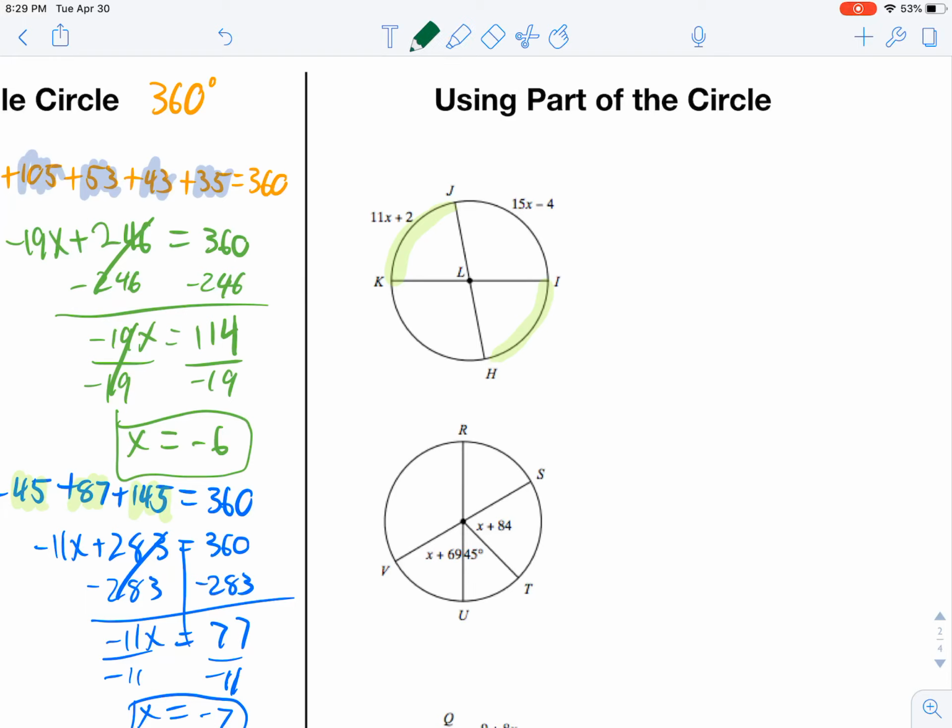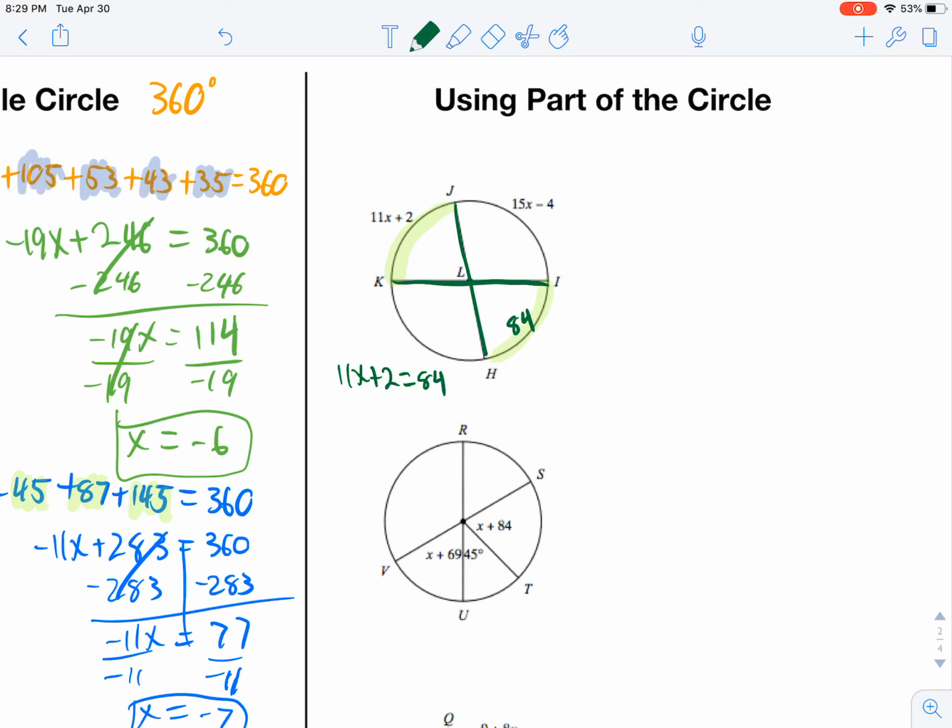IH. Okay, so if I was given that 11x plus 2, and I know that the other side had a whole number to it, let's say the whole number was 84. I'm just giving it a number. I know that those two arcs are opposite using vertical angles. Okay, and that means that they're equal to each other. So the way that I would set this up would be 11x plus 2 equals 84.